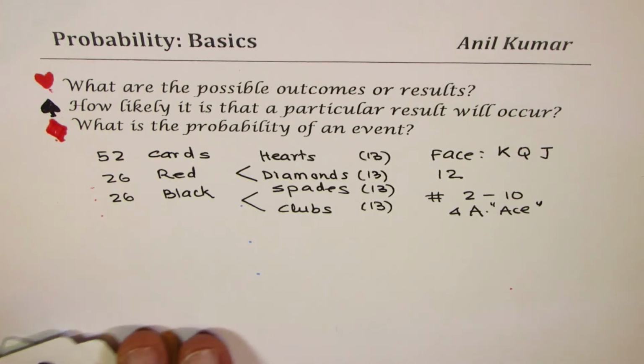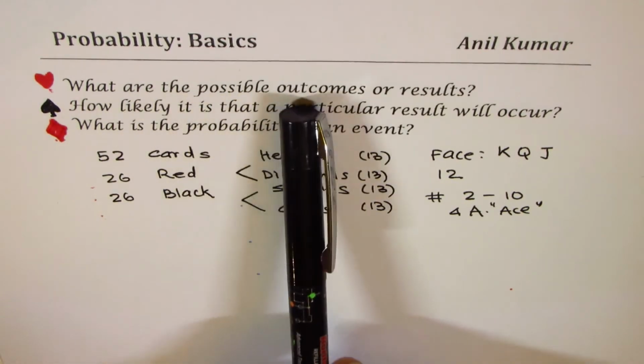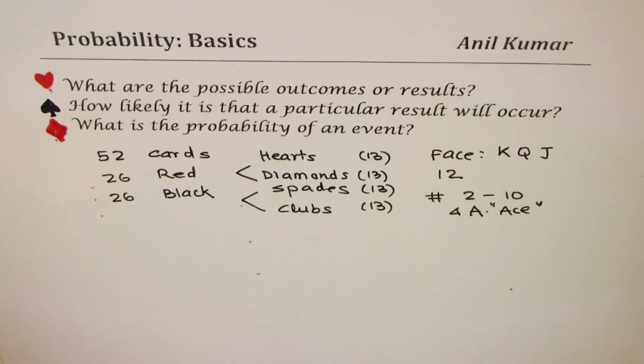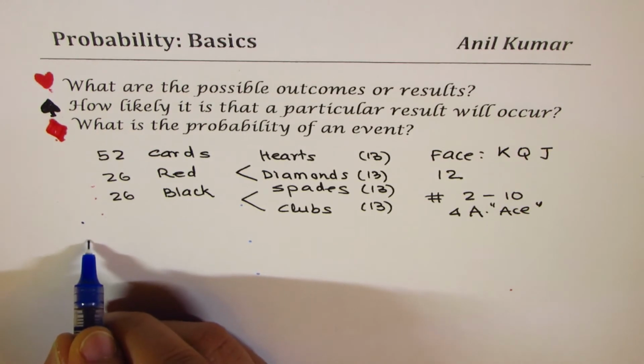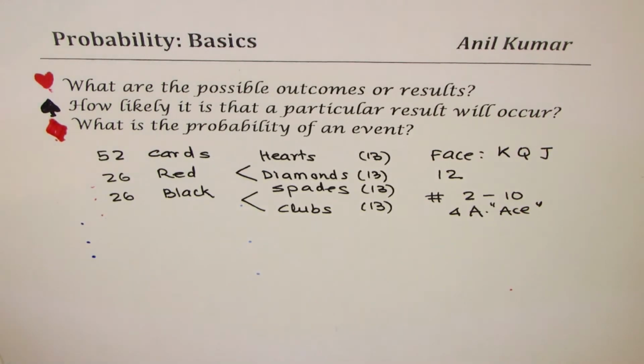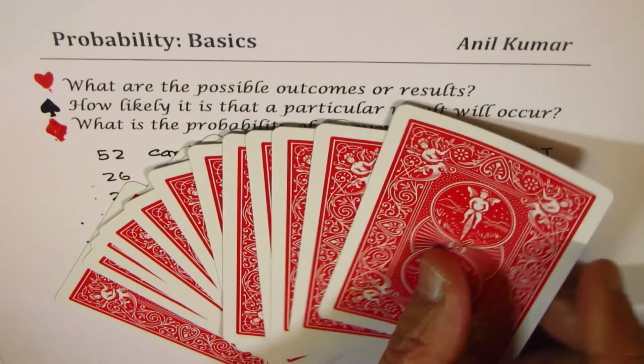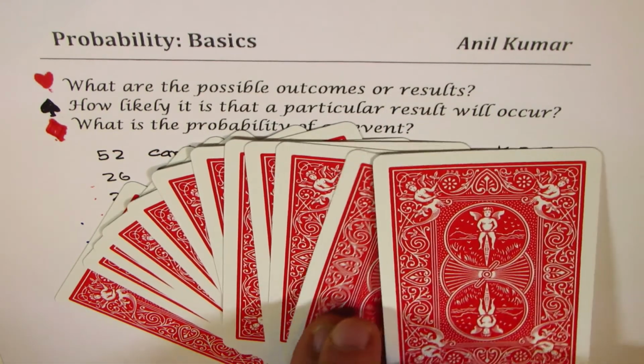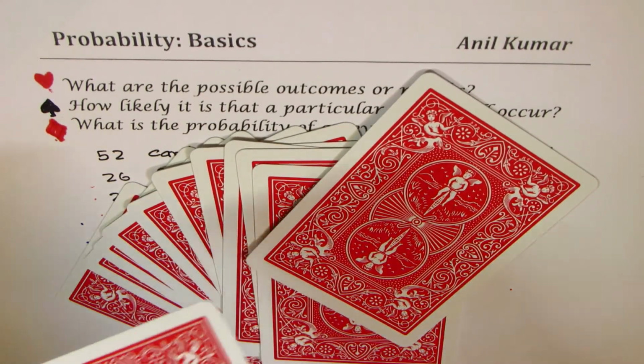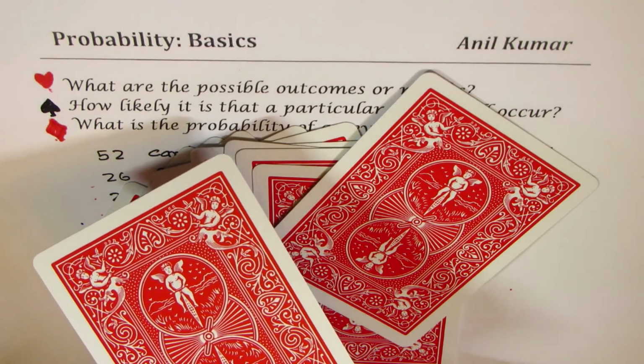Now with this knowledge, can you tell me what are the possible outcomes or results in your game? So in this game, you can have many results, right? Can you list, let's say 3 results? Well, one of them is, let us say, if I have all these cards kept like this, and if I try to pick one, what is the probability that it is red?